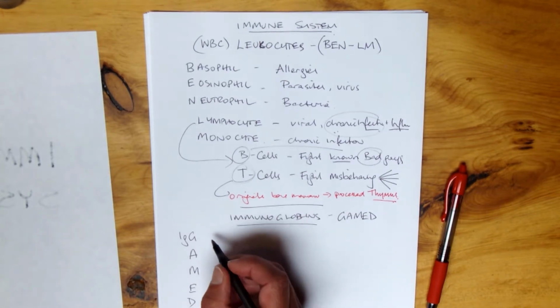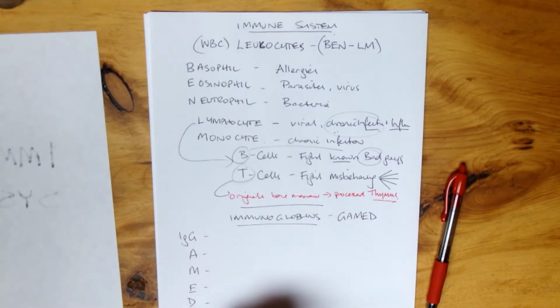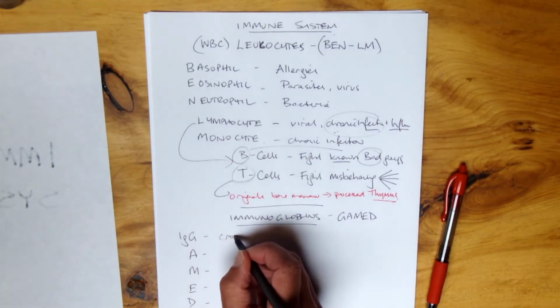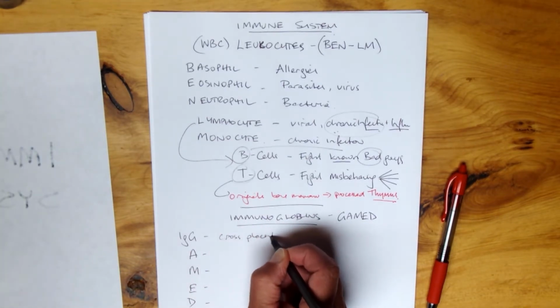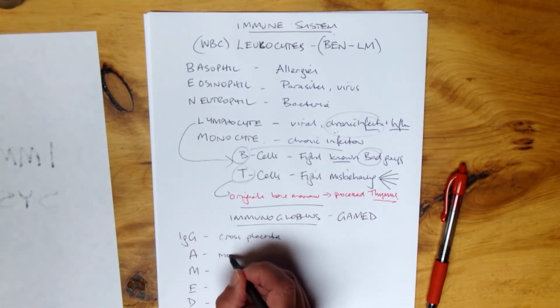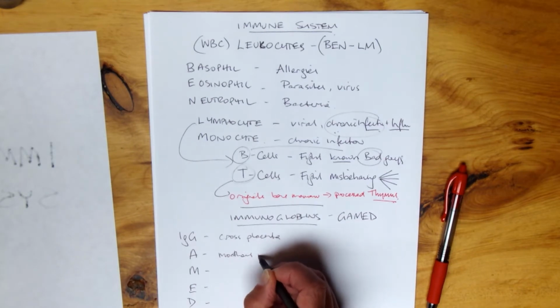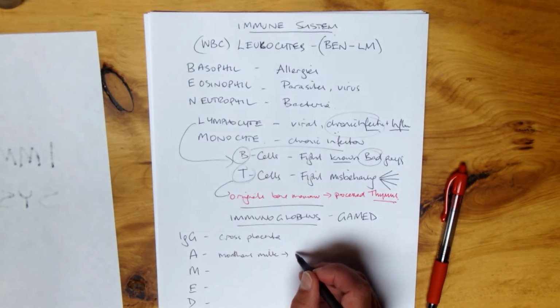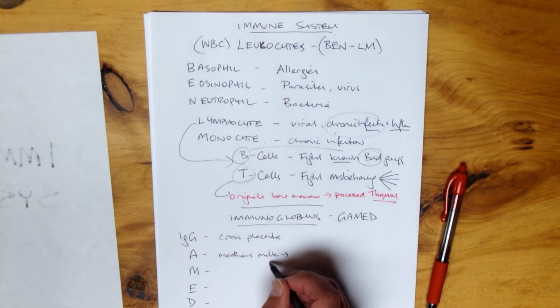So what do we have to remember? What are the keys to questions about these things? IgG is the one that can cross the placenta, give you immunity prior to birth, right? A, mother's milk. It doesn't cross the placenta, but it gives you immunity from your mother's milk, and this prevents pathogens that way, right?